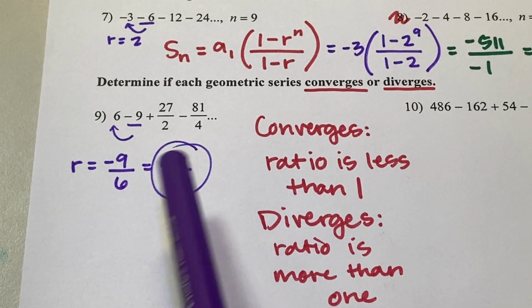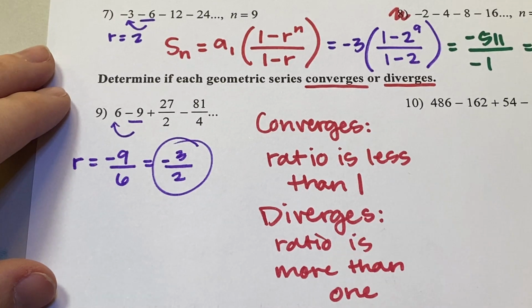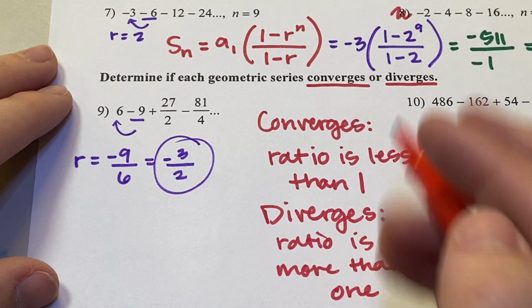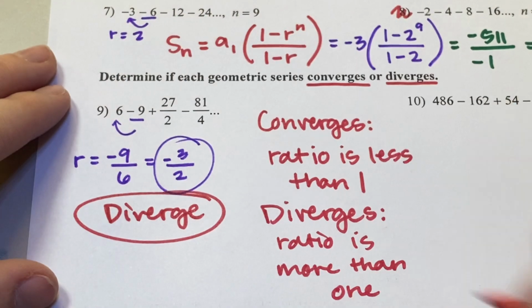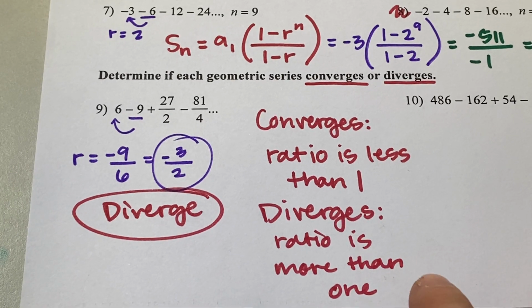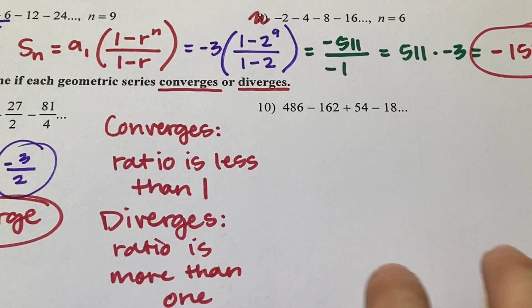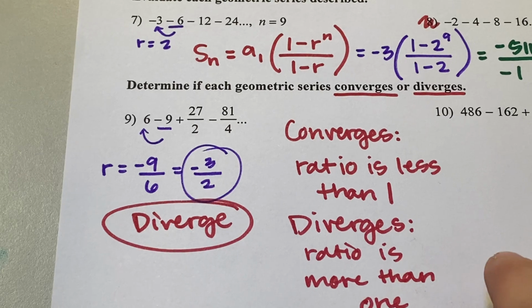Because 3 is greater than 2. Since it's greater, is this going to converge or diverge? Diverge, because it's bigger than 1. That's all you're doing, just seeing if the rate is bigger or smaller than 1.